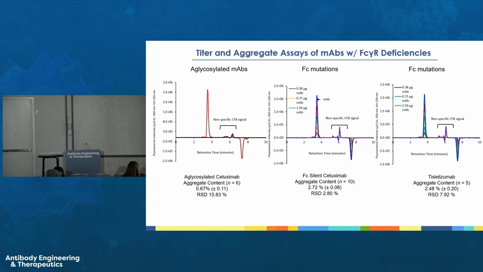It was either a Q or an A, N to A, so it cannot be glycosylated. And it looks exactly like this glycosylated one, right? Fc silent, but glycosylated. It looks exactly the same.